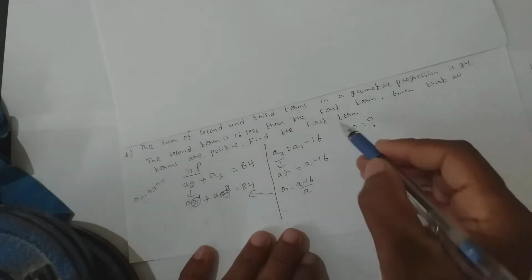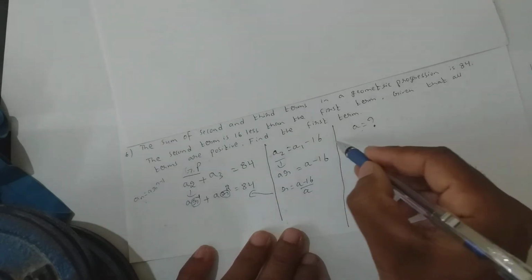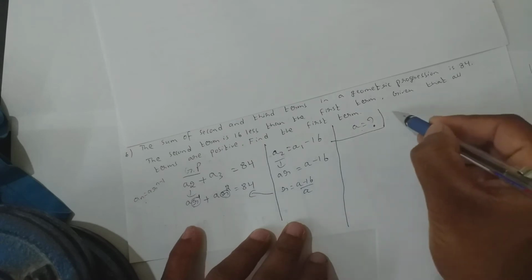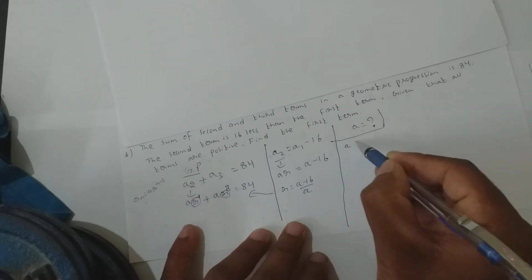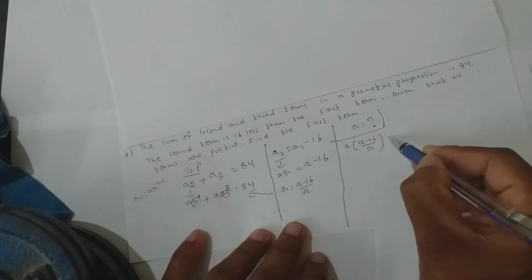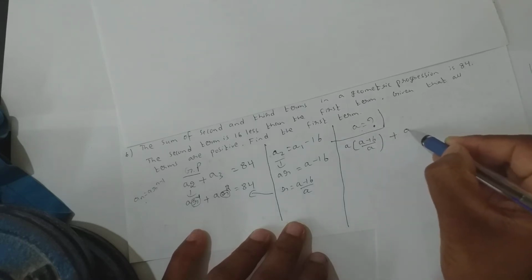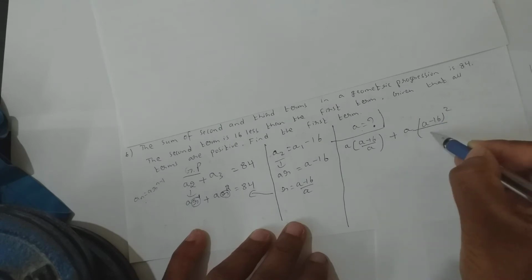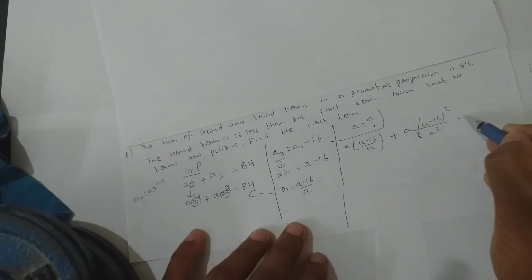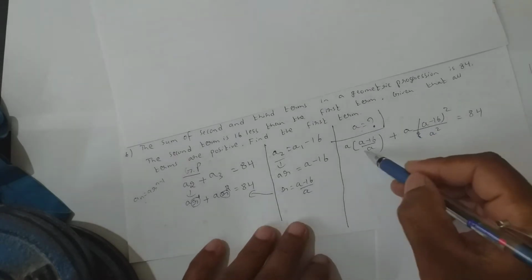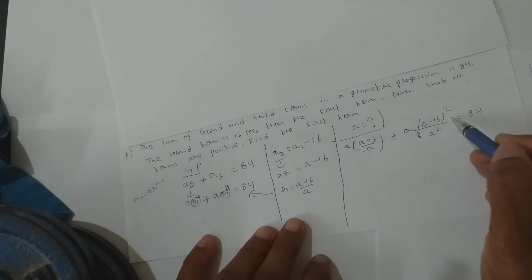Let us replace then. So when I replace, it becomes A into, in place of R, (A minus 16) by A, plus A R square. So apply the square to the numerator as well as to the denominator, equal to 84. Clear? This entire thing is R, this entire thing is R square.